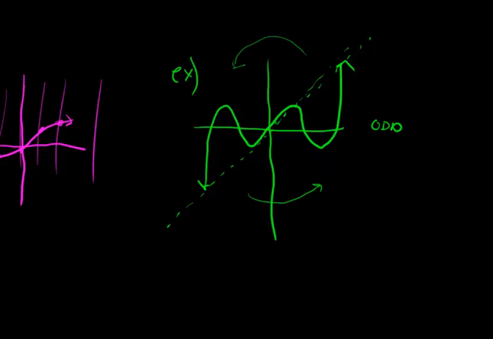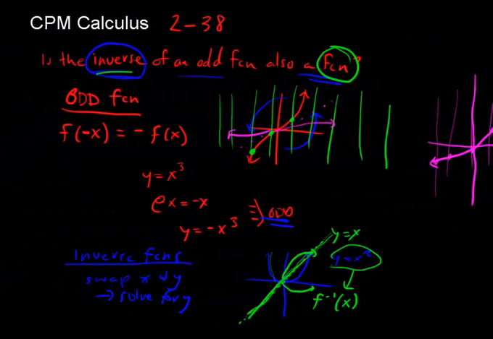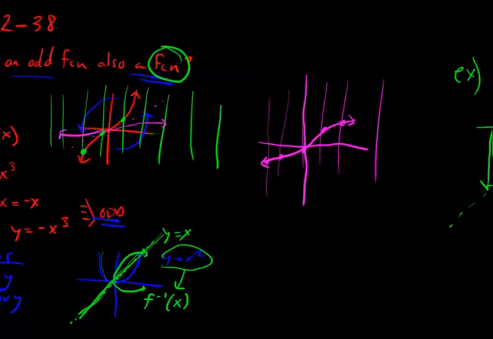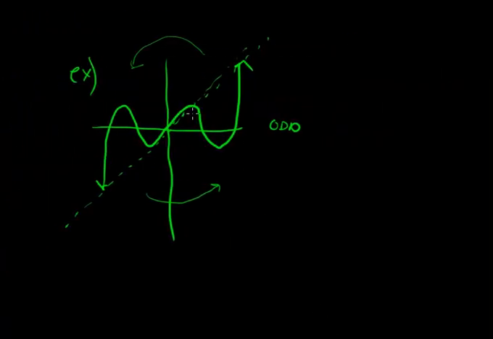Let me go back to the question: is the inverse of an odd function also a function? So what's the inverse of this function? We're going to have to reflect it across. This part was kind of hard for me, but something like that, and we want to reflect this across.